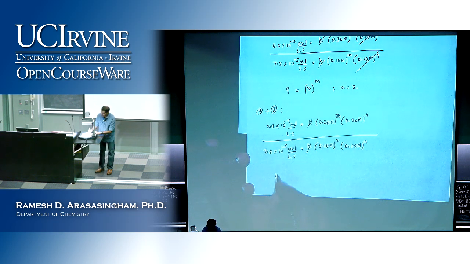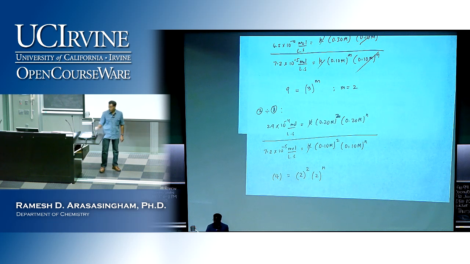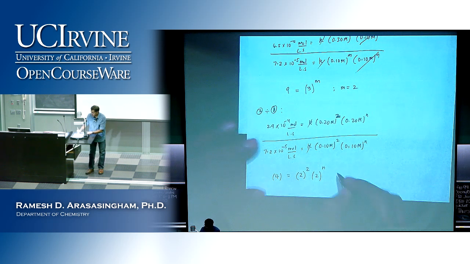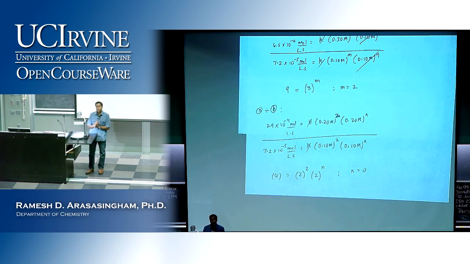If you look at this, this comes out to be 4 equals, over here I have 2 raised to the power 2 times 2 raised to the power n. Okay, so the number here is 4. So this is 4 already. 4 is taken. So what does n have to come out to be? 0 order, because anything to the power 0 is 1. Can you see that? So n is 0 order.